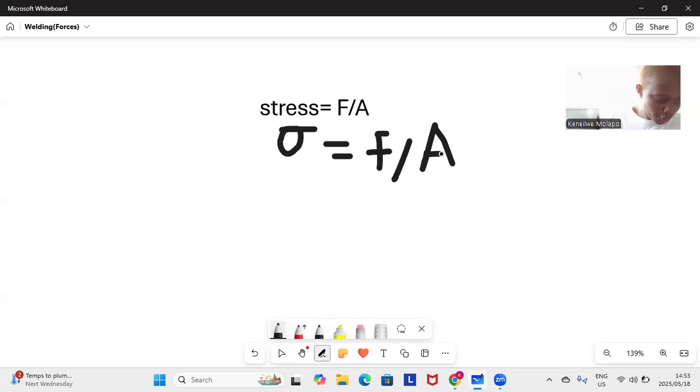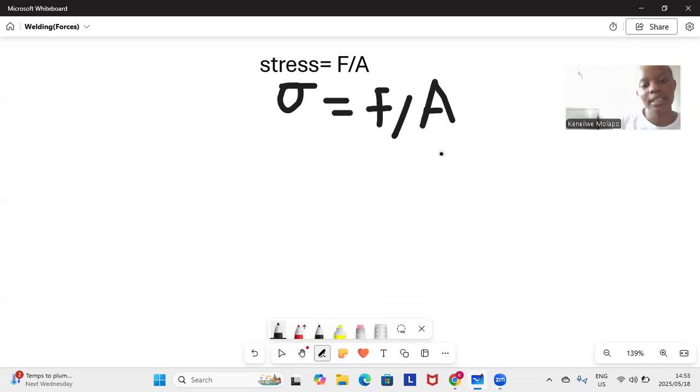So stress equals force over area. The force is measured in N, and the area is measured in meters squared. You all know that.